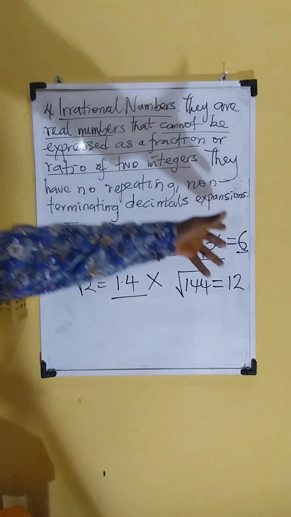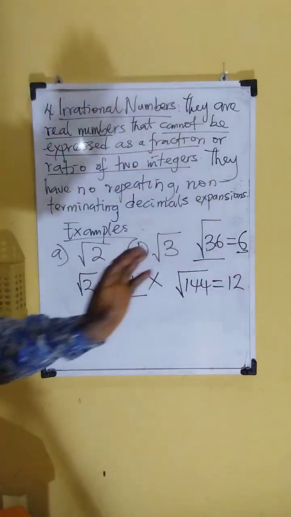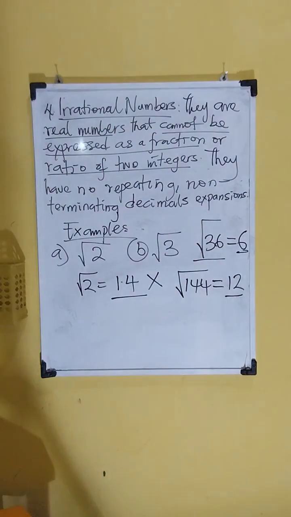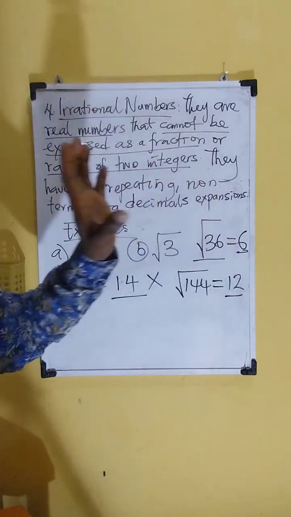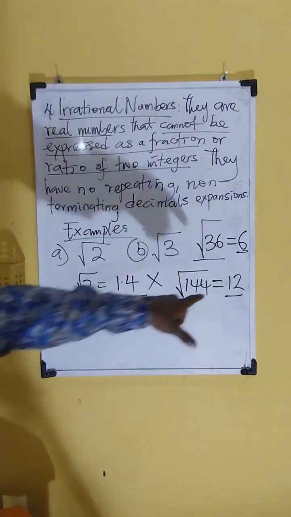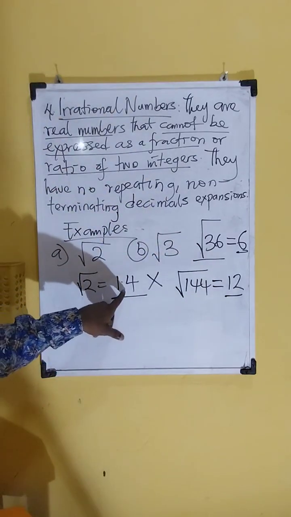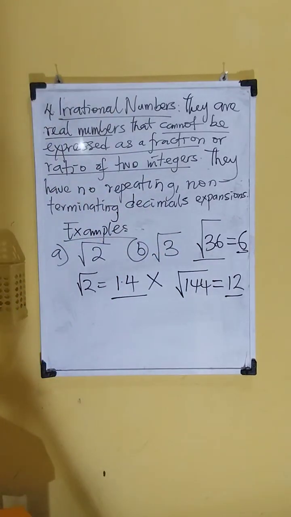So the result is a whole number, a complete number. It did not return in the form of a fraction or a decimal number. So irrational numbers cannot be expressed as a fraction.